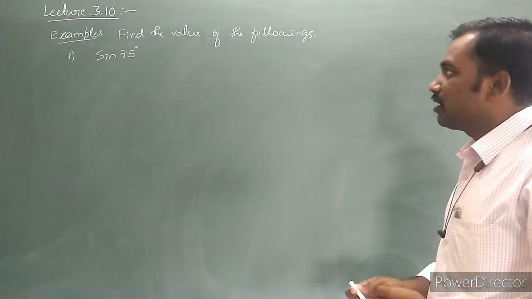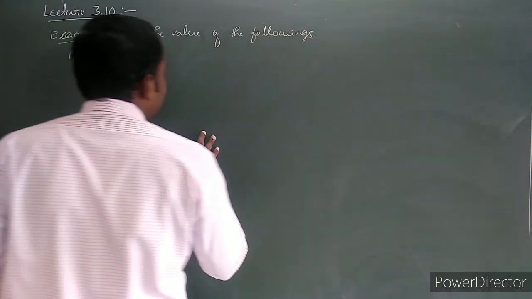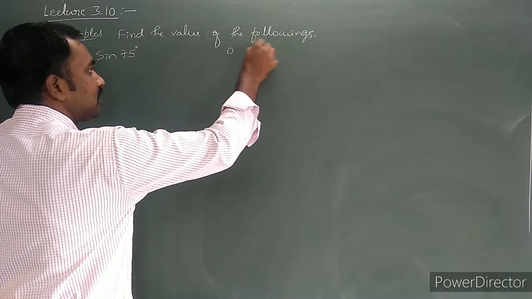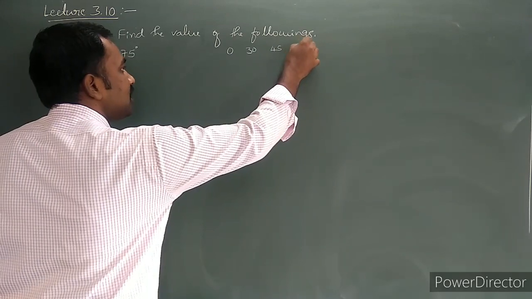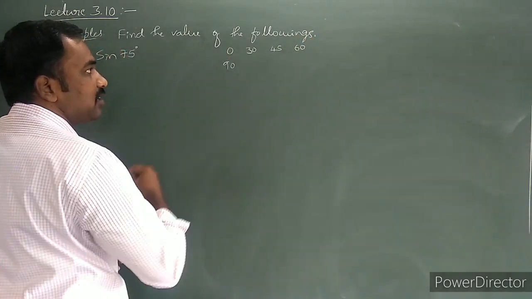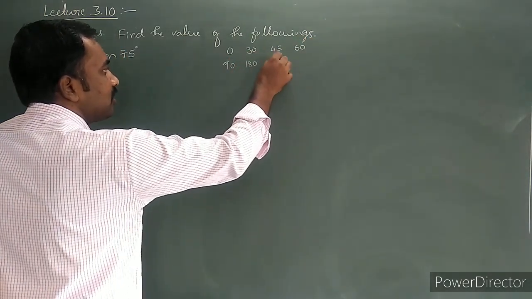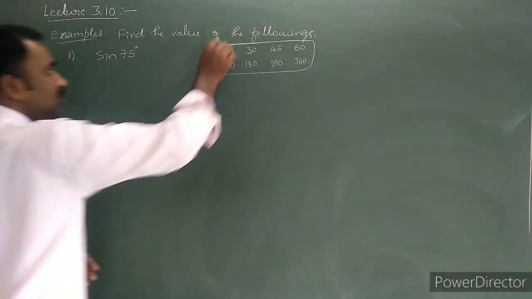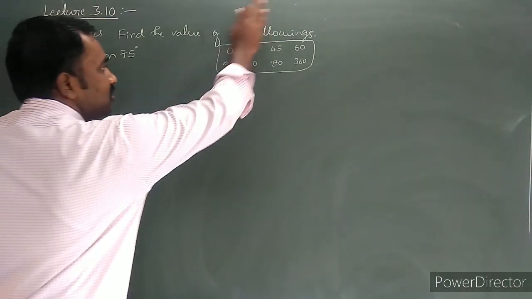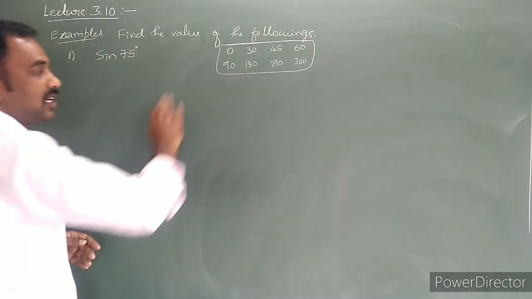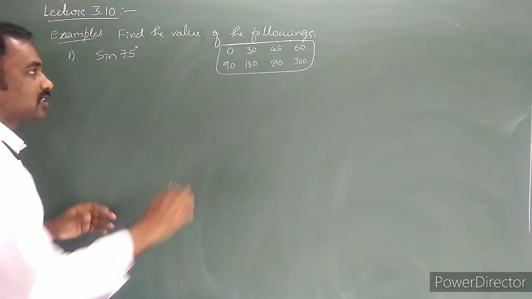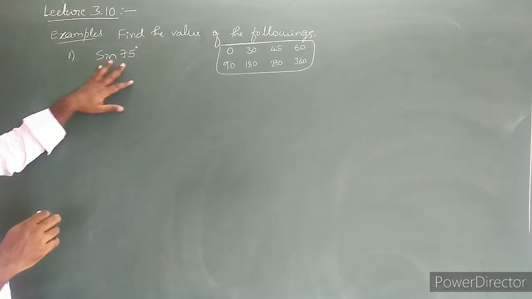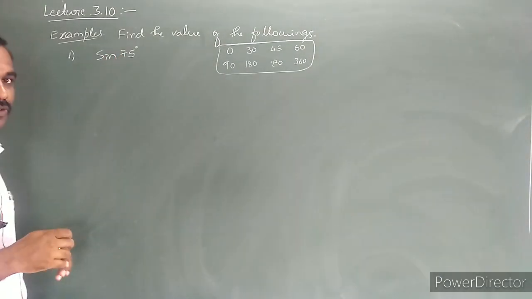As you solved previously, I already know the sine values of 0, 30 degrees, 45 degrees, 60 degrees, 90 degrees, as well as 180, 270, or 360 degrees. These are standard angles, eight standard angles, and for all six trigonometric ratios we know the corresponding values. But here we do not know the value of sine of 75.